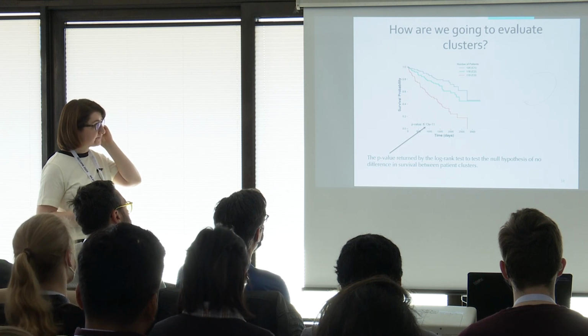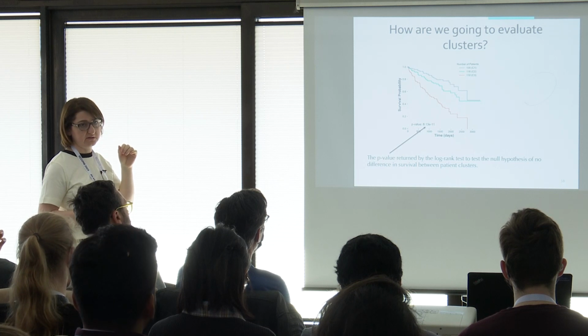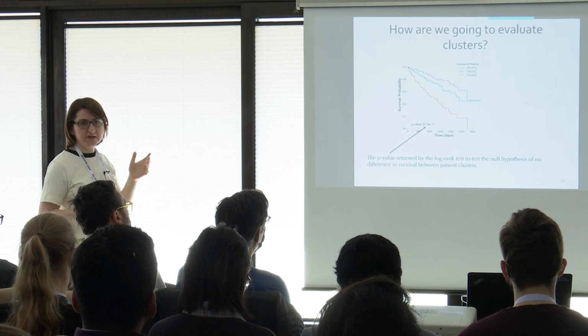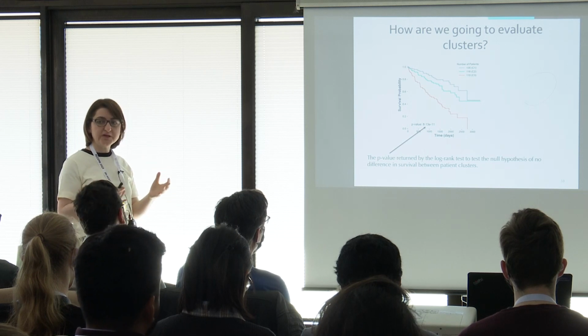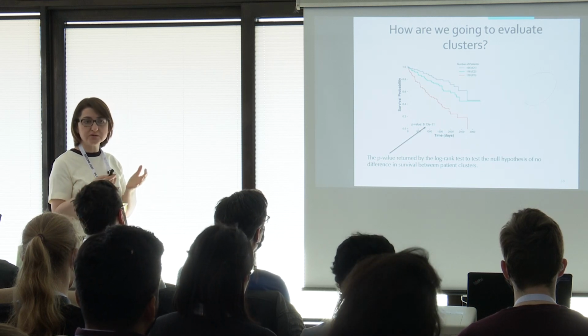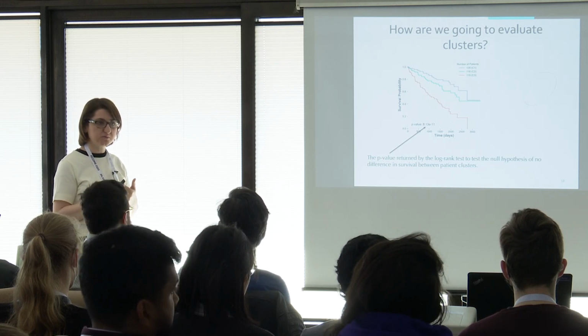And at the end of the day, this is how we are going to evaluate the models. This is not perfect, but you find your clusters, you have your patients, and you get the survival distributions of these patients, and then compare how different these survival distributions are.